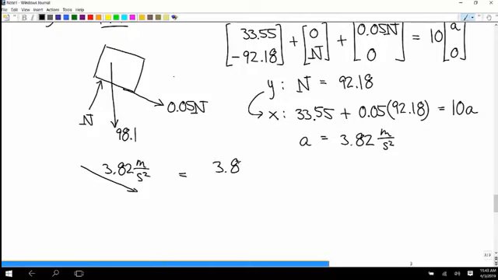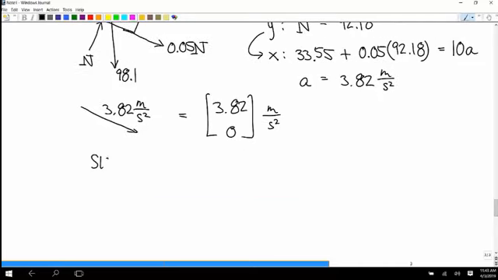You can write it either of these two ways. Okay, two questions about this. First, is it speeding up or slowing down? It's slowing down because the velocity is this way and the acceleration is this way.